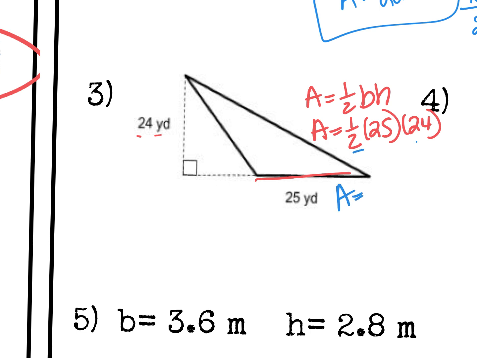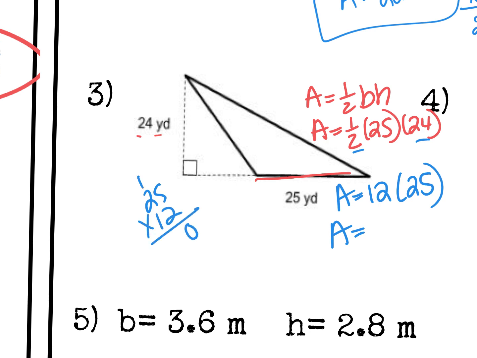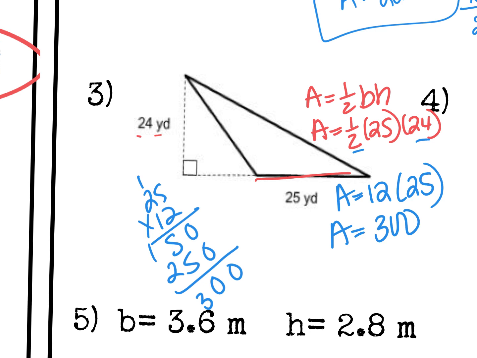So I'm going to take half of 24, and that's 12. So now I'm just going to do this multiplication. And I get 300 yards squared.